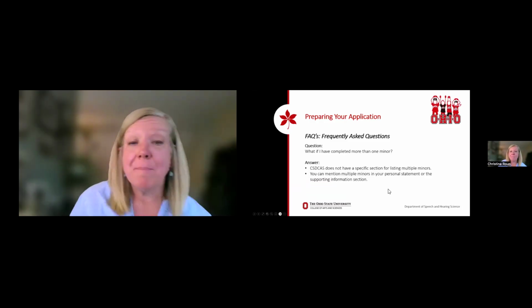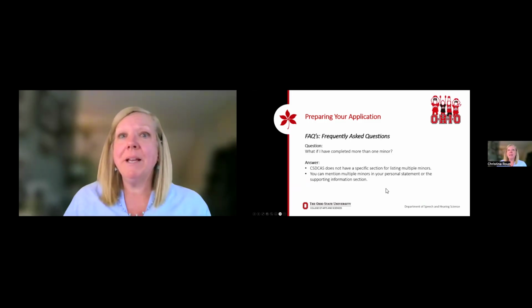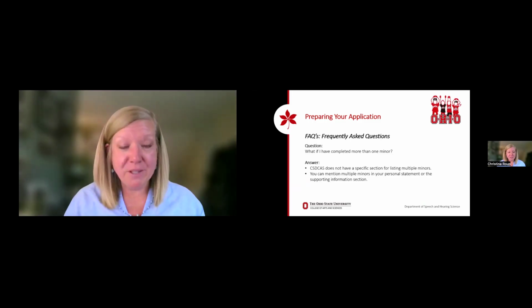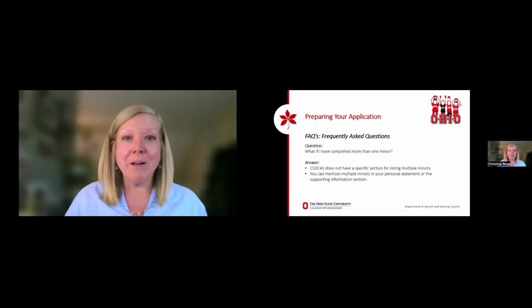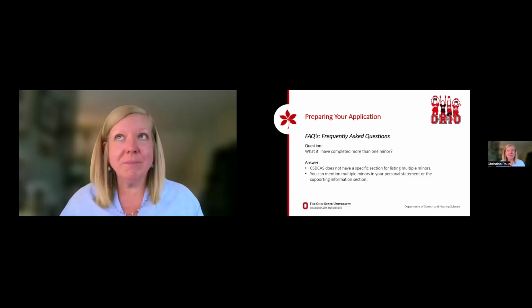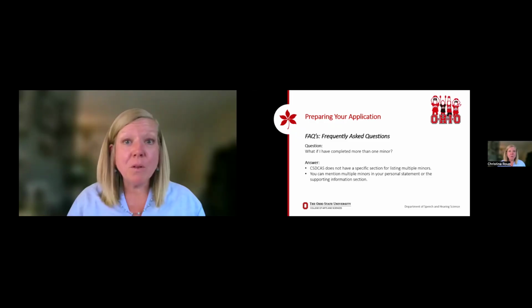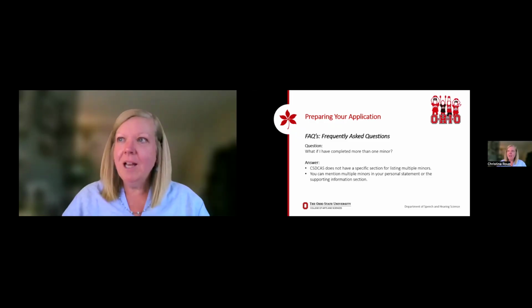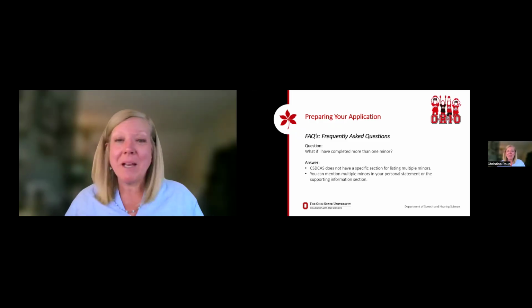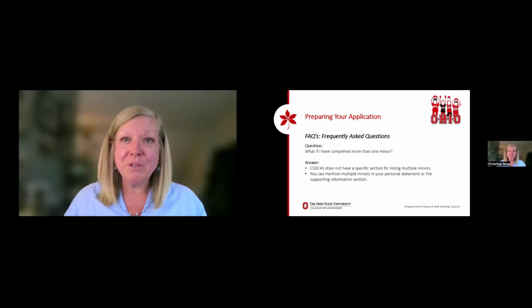What if I've completed more than one minor? I've gotten this question quite a bit. You may be a speech and hearing major and have done a minor in disability studies and something else. If you've completed more than one, kudos, good on you. But SIDCAS doesn't really have a mechanism for you to list multiple minors. That's okay. You can mention that in your personal statement.